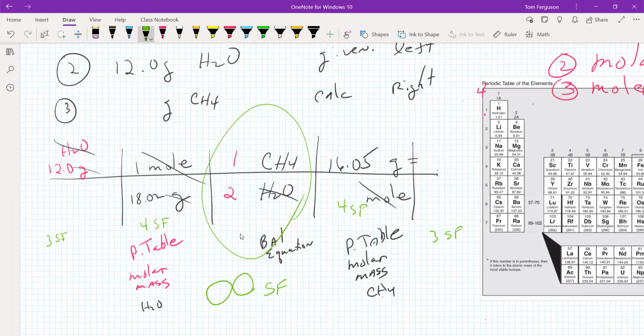Hit the divide key again to enter. Okay, so we're looking at 5.34.